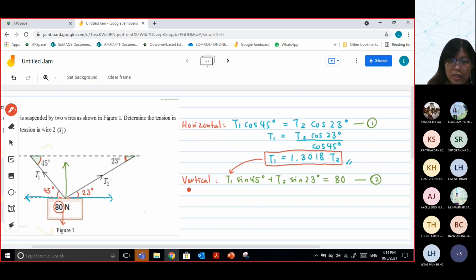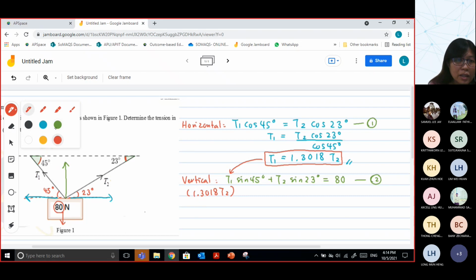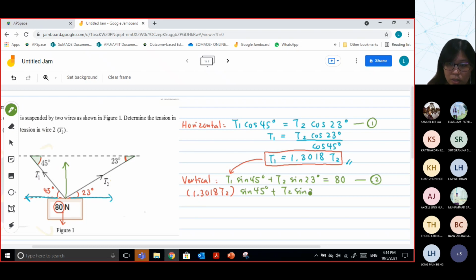So that means we have 1.3018 T2, substituting T1, followed by sine 45, then plus T2 sine 23 equals 80. Now let's calculate 1.3018 multiplied by sine 45. So I get 0.9205 T2.